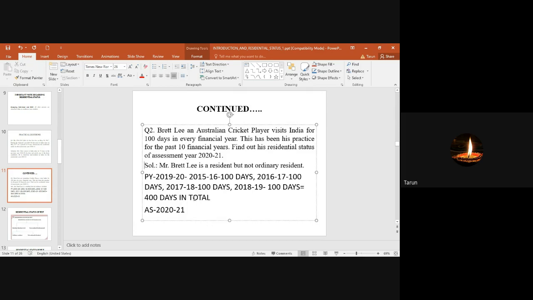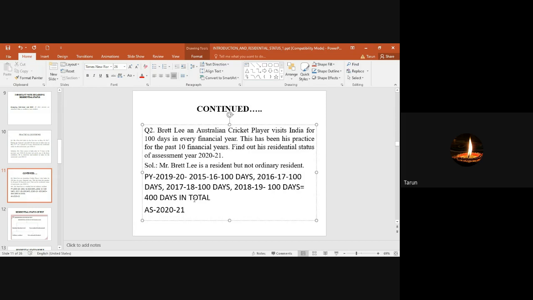As per the B condition, more than 60 days is already covered by 100 days in every financial year, plus more than 365 days during the 4 preceding years relevant to the financial year.